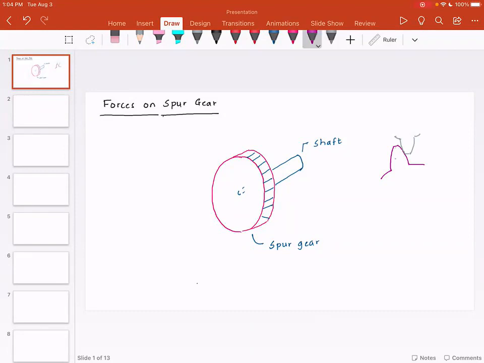So usually the force will be transmitted at an angle. This angle is the pressure angle.